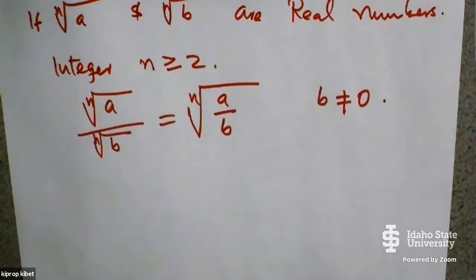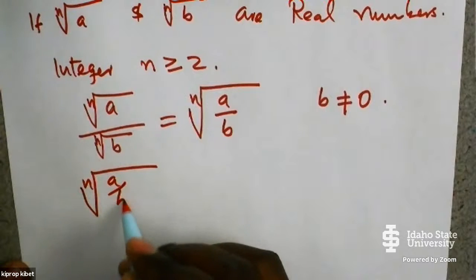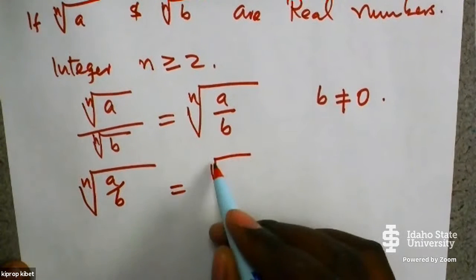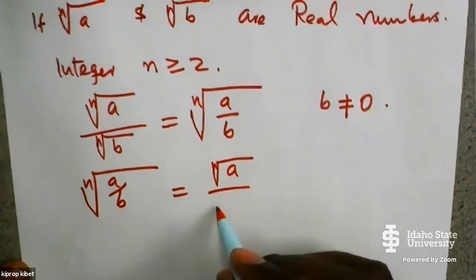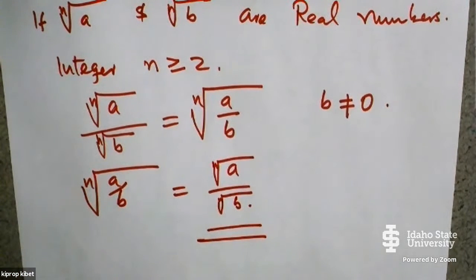In a similar way, the nth root of A over B equals the nth root of A all over the nth root of B. That's similar. If B is equal to 0, then it becomes undefined.